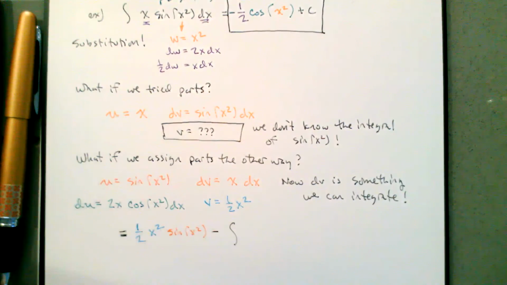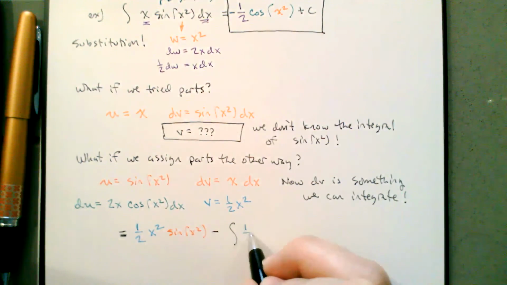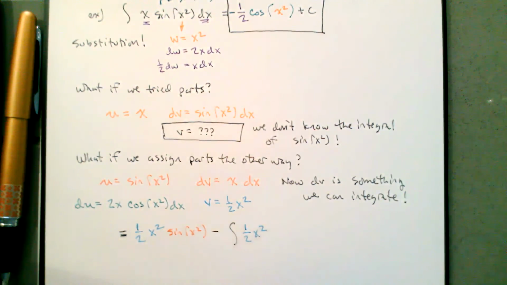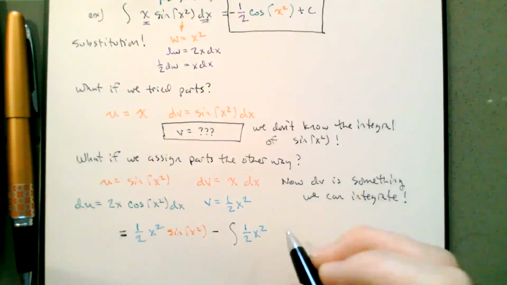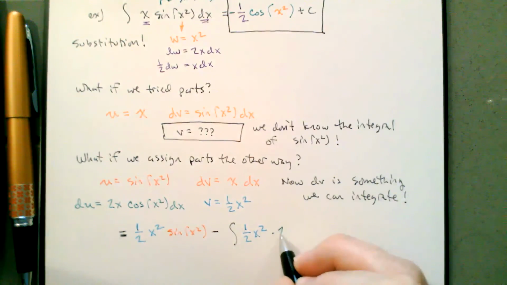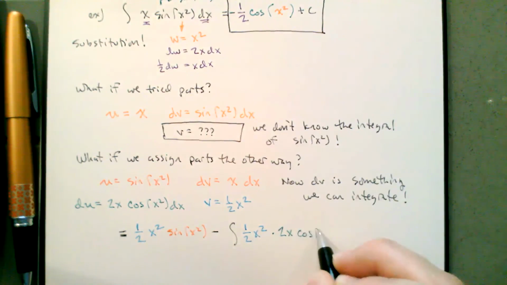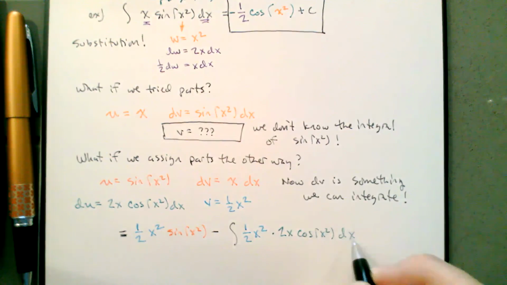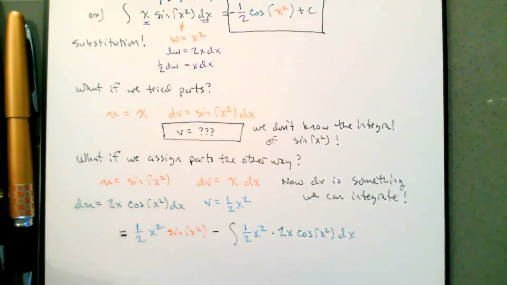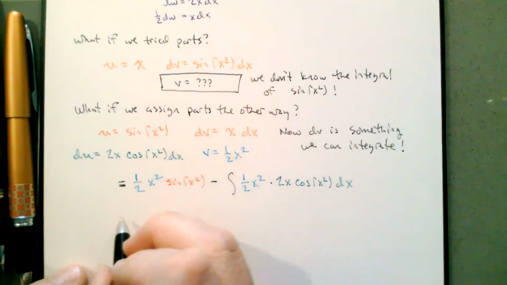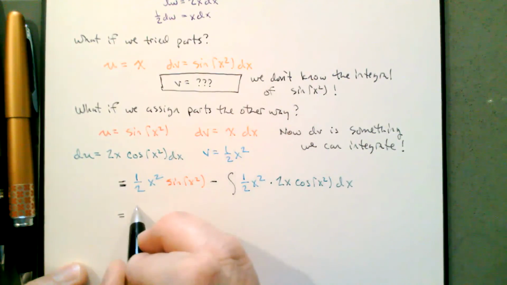So I have a 1/2 x squared times a 2x cosine x squared. The x. We can clean this up a little bit. There's a 1/2 and a 2 that can cancel out, but we still need to evaluate the secondary integral, and now we are stuck again.